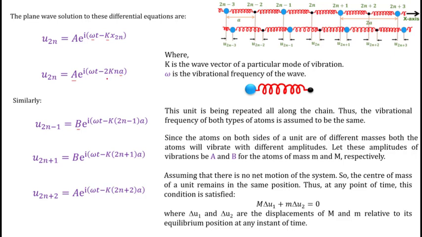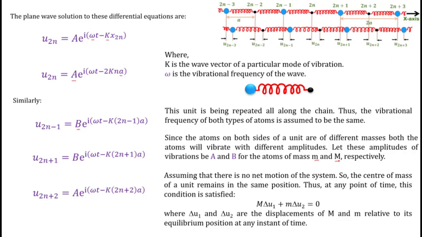What we have to do is express omega and k in terms of known parameters like small a, small m, capital M, and so on. Parameters like capital A and capital B are not known. So our next job should be either to eliminate capital A and capital B from the expressions or to get an alternate expression of A and B in terms of these known parameters, that is small a, small m, capital M, and so on.